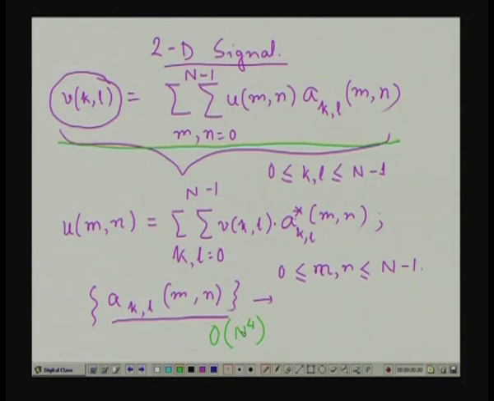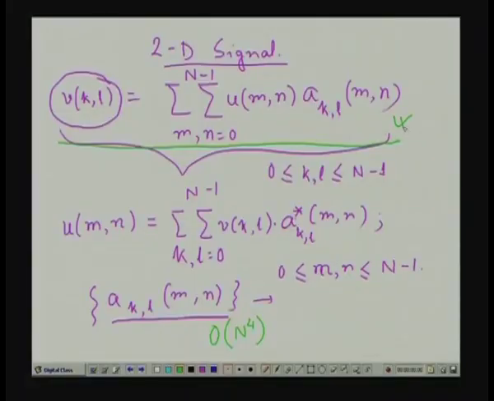Obviously, this is quite expensive for any practical size images, because in practical cases we get images of the size of say 256 by 256 pixels or 512 by 512 pixels, even it can go up to say 1k by 1k pixels or 2k by 2k pixels and so on.